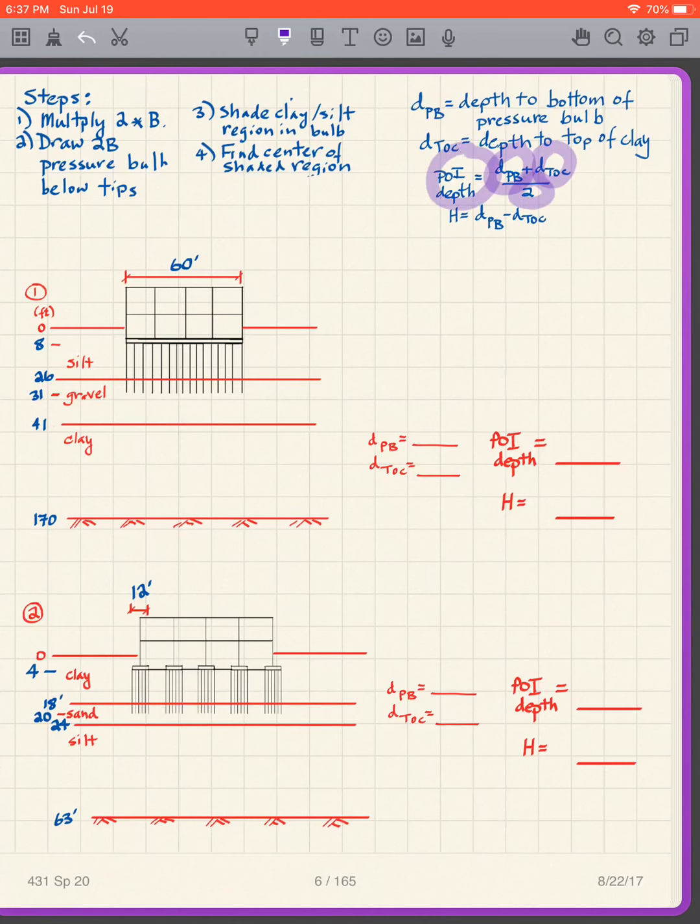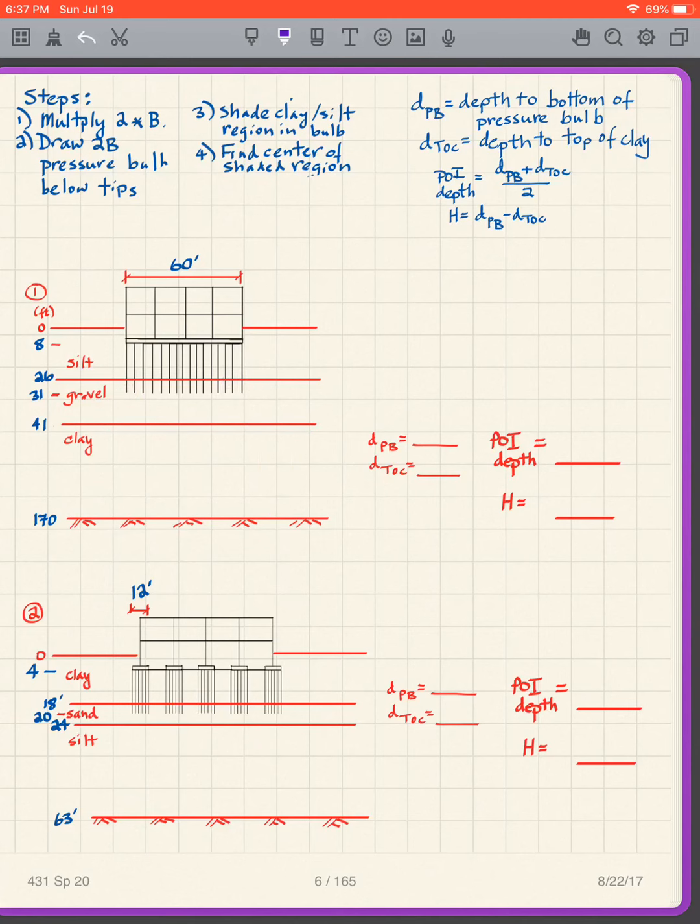That gives us the point of interest depth, and then we take the difference between those two, and we get our region H. If you remember, I didn't show the H, so in other words, this would be the H. This is essentially the thickness of the clay that will be compressed. So we want both the depth to the point of interest, and H.